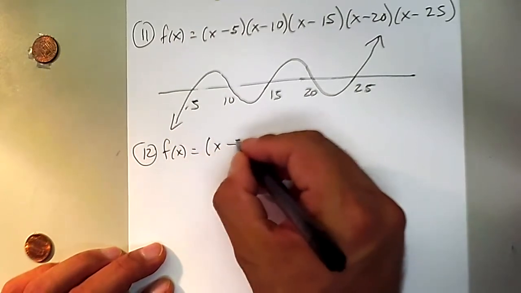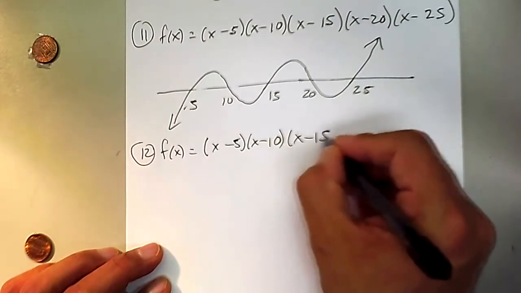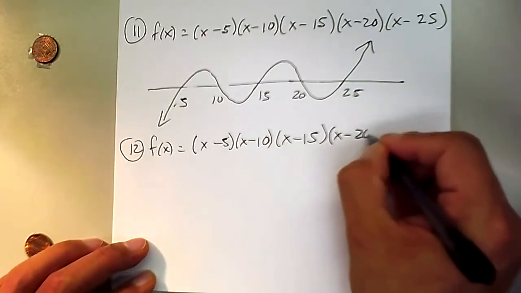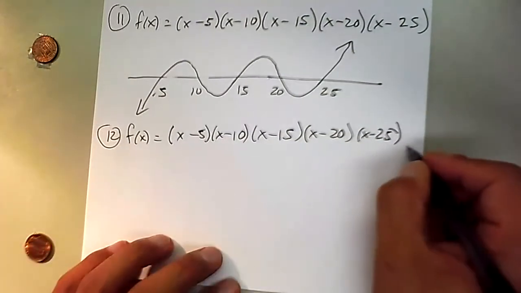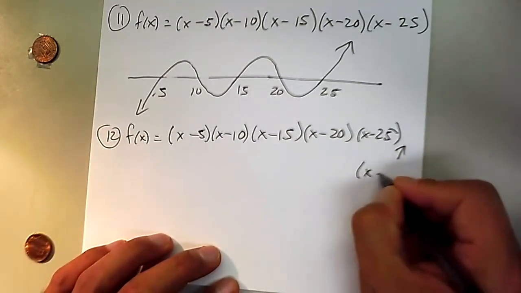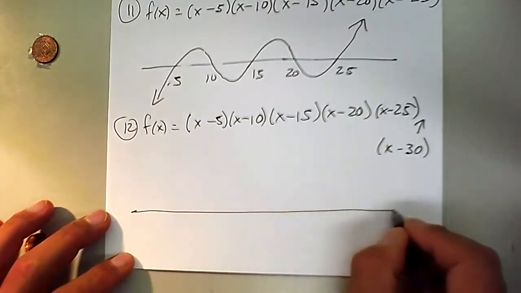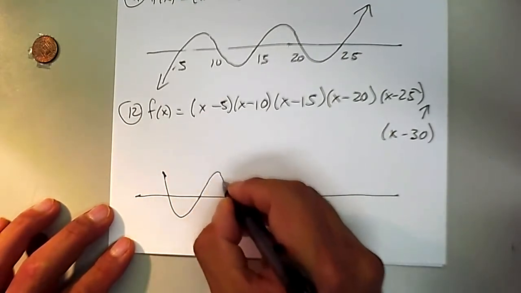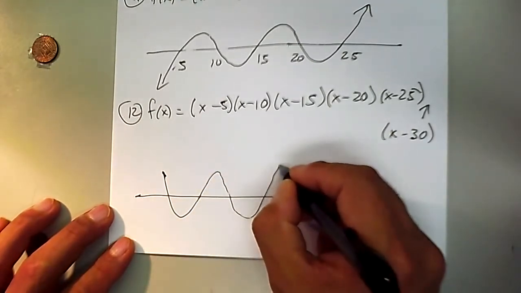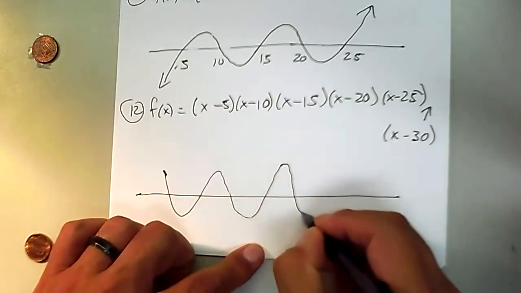X minus 5, x minus 10, x minus 15, x minus 20, x minus 25. And I have to squeeze in here x minus 30. Well, you can probably guess what this is going to look like. 5, 10, 15, 20, 25, 30.